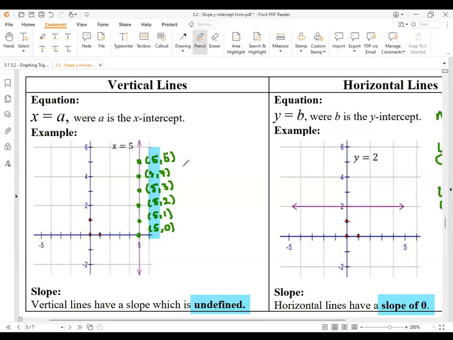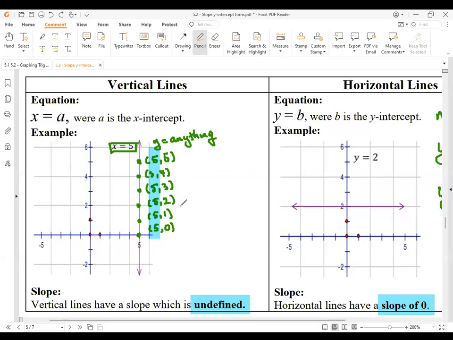X equals 5. So that line right there, that's why we call this line an x equals 5 line. Because y could be anything, but x equals 5. So we just talk about the x. Here, we just talk about how y equals a number.